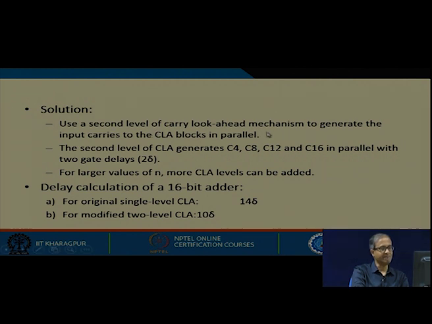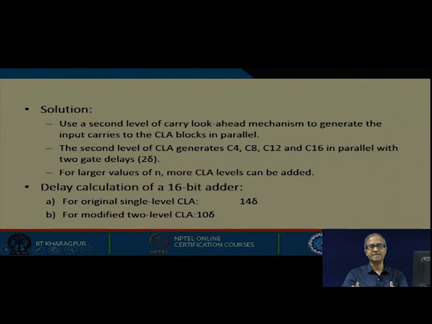Use a second level of carry look ahead mechanism to generate the input carries for the carry look ahead blocks in parallel, and this second level block will generate the carries C4, C8, C12 and C16 together in constant time. But if n is larger, maybe you will require more levels.